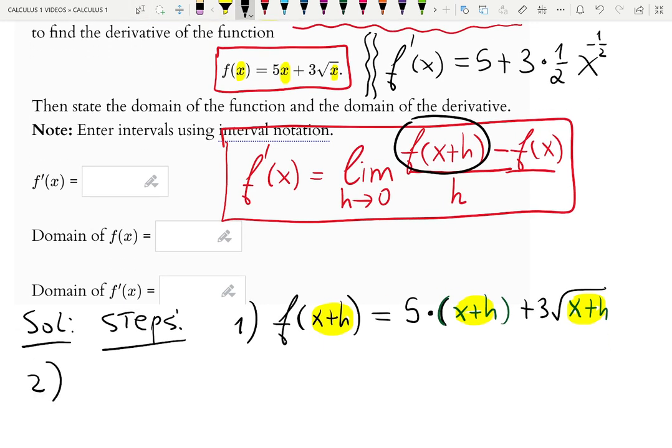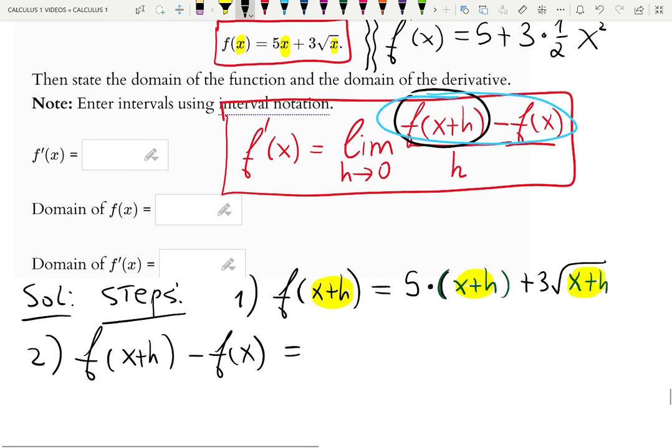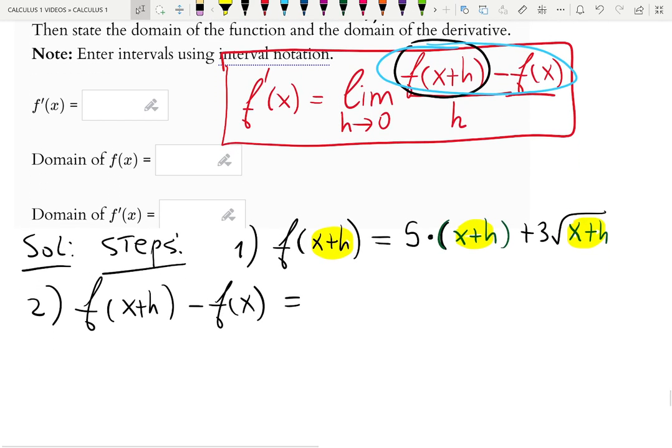The second step is to calculate this whole numerator of the fraction in the definition of the derivative. F of x plus h minus f of x equals... Let's write down. Let's immediately distribute 5, and we're going to have 5x plus 5h plus 3 square root of x plus h.